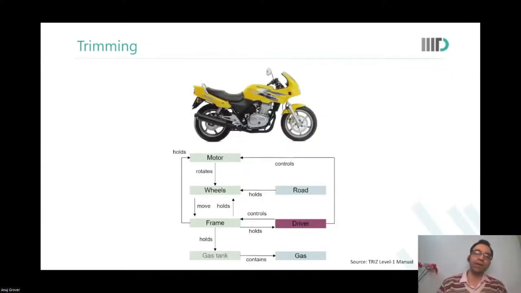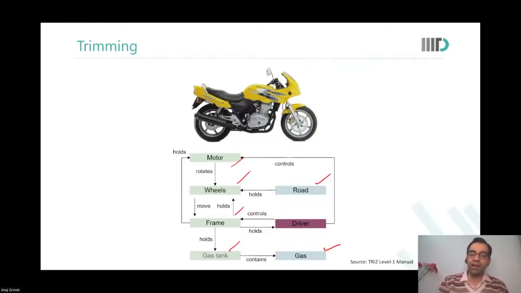We broadly said there are a few components of the engineering system: motor, wheels, frame, gas tank. There are supersystem components, which are road and gas, and there is a driver. Driver is the target because the driver is being moved. The motorcycle, all of this moves the target only. So driver is the target.